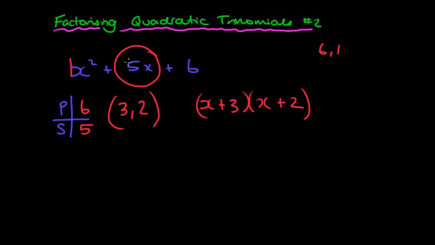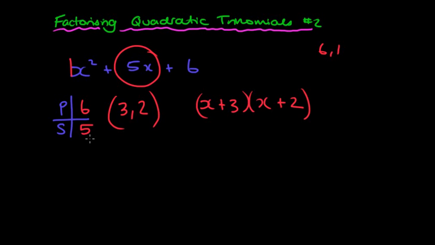But before I do that, I'm just going to mention using this product and sum method, it's just simply like a guideline to get those two numbers that you're trying to times together and add together to get. If you're getting easy questions like x squared plus 5x plus 6, and you're feeling pretty confident with this stuff, really try hard to get the numbers without even writing the P&S down.